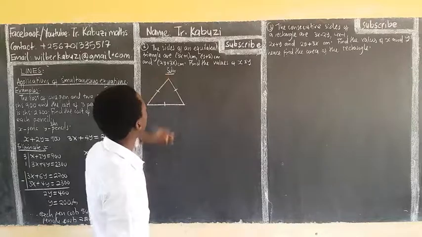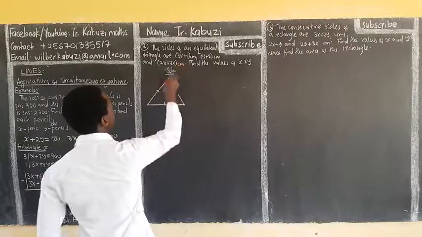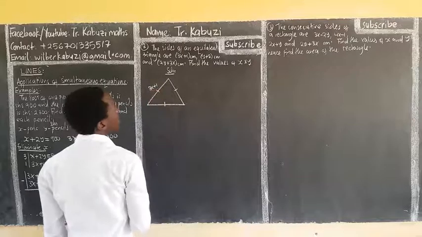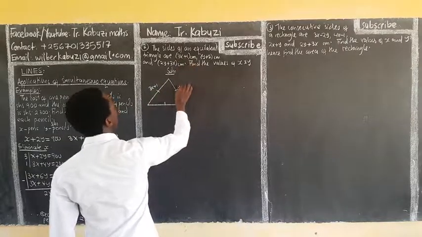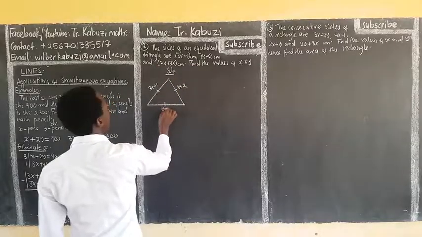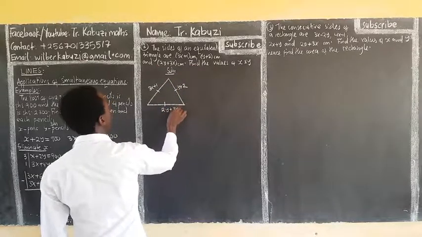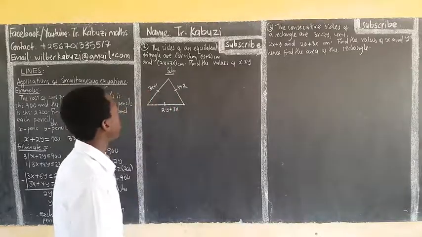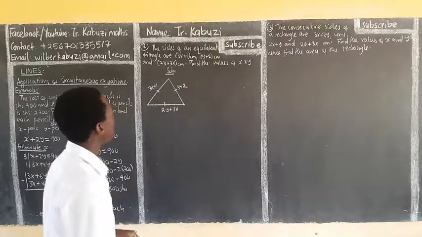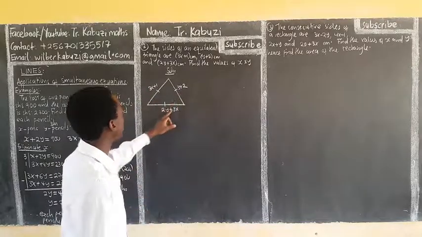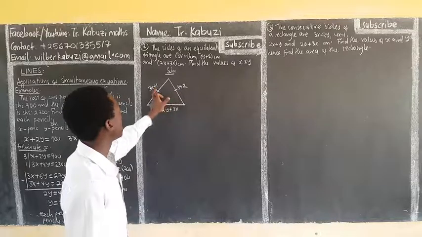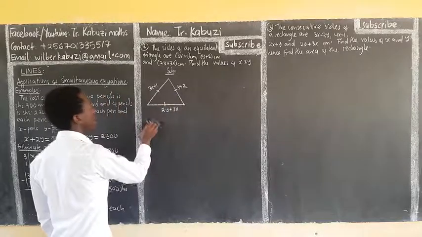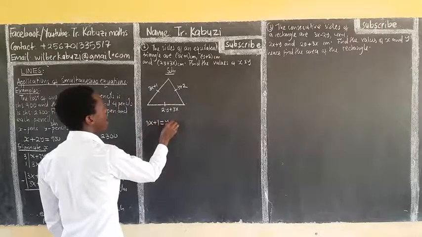So the sides of this triangle, they are telling us that the first is 3x plus 1, the second is y plus 2, and the third is 2y plus 3x. It means this is going to be equal to this, and this is going to be equal to this, and so on. So my 3x plus 1 is equal to y plus 2.